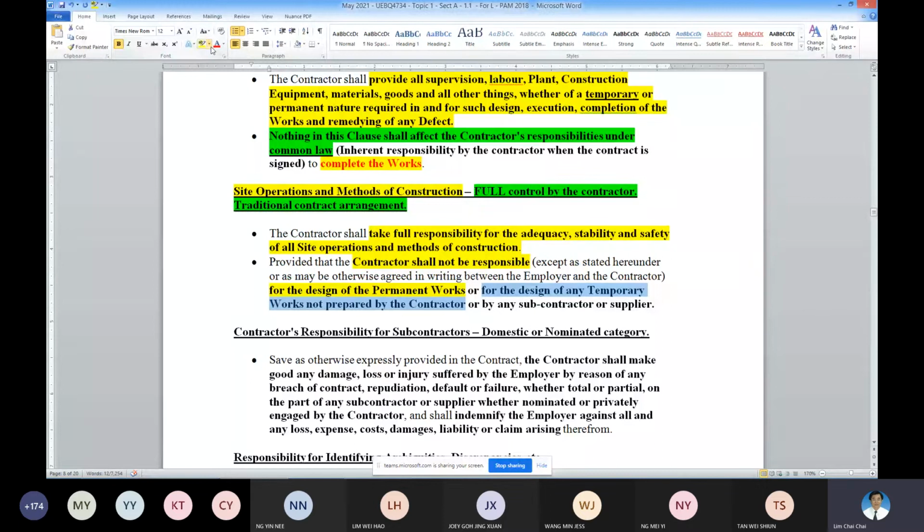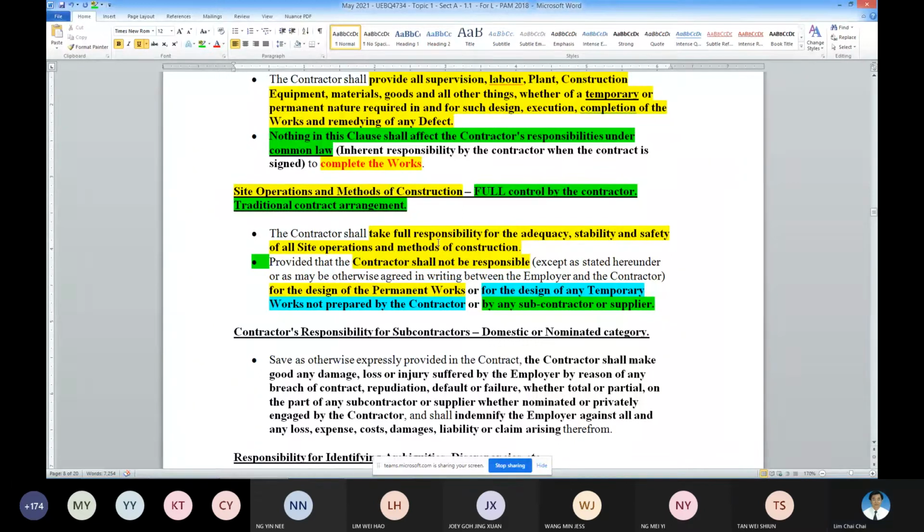Generally, the contractor is to prepare the temporary work. Sometimes certain temporary work is not prepared by the contractor, and the contractor is not responsible. Or the works of the suppliers and the subcontractors. So these are things that the parties must understand.